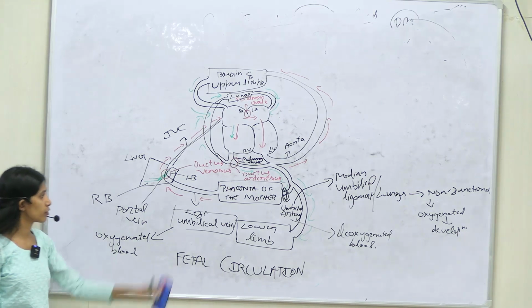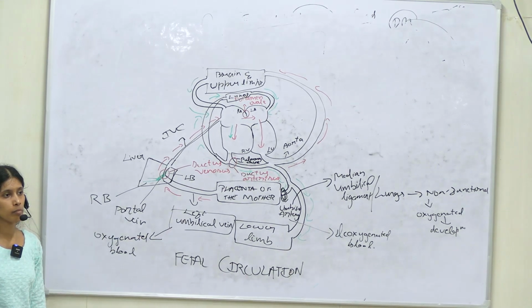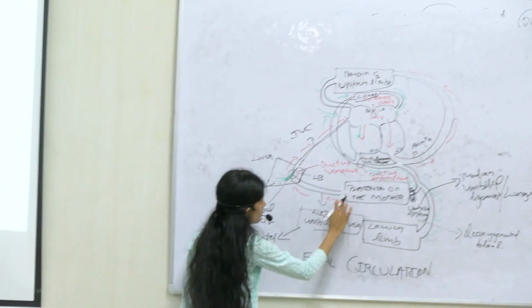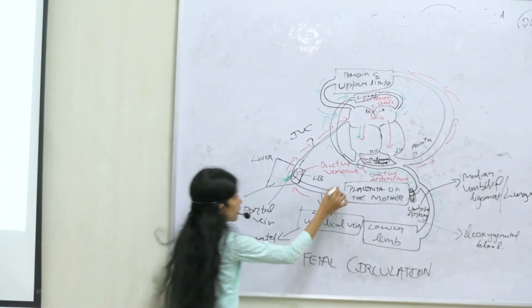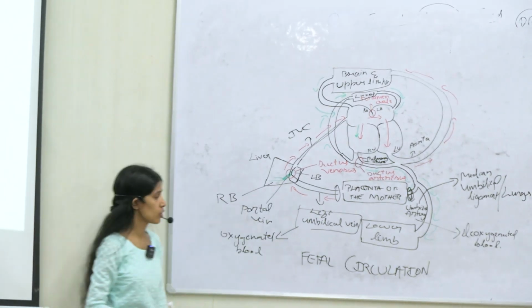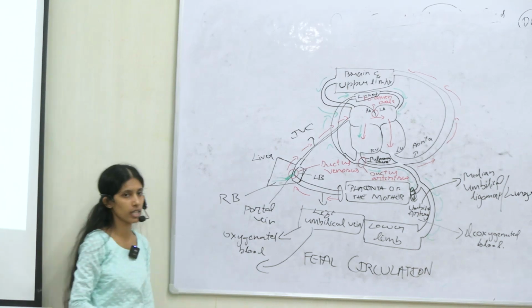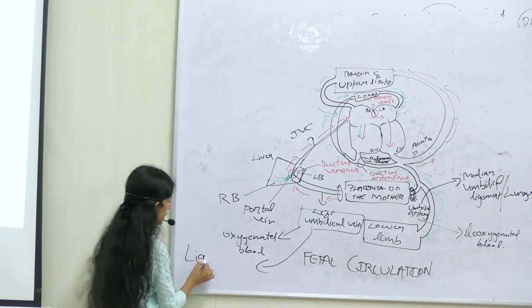Okay. And if there is no blood from the umbilical artery, there will be no flow in the umbilical vein also. This part will also close.